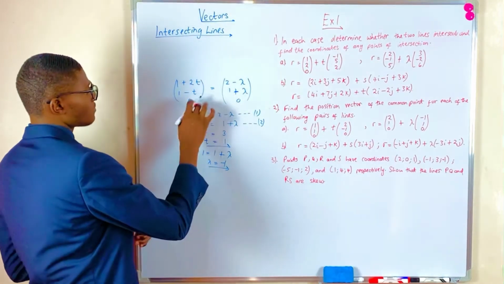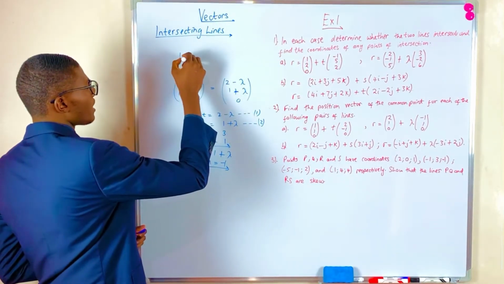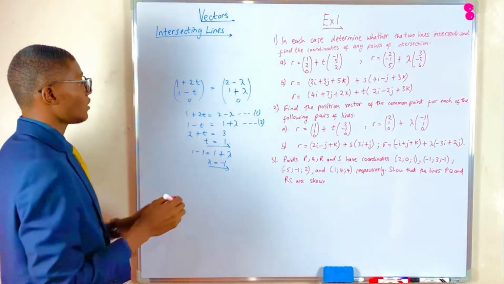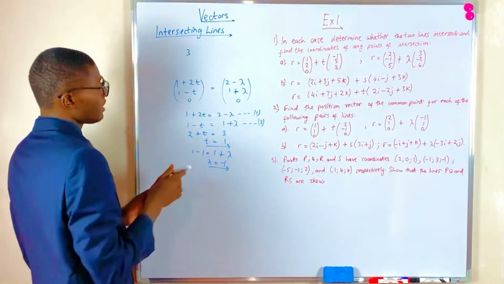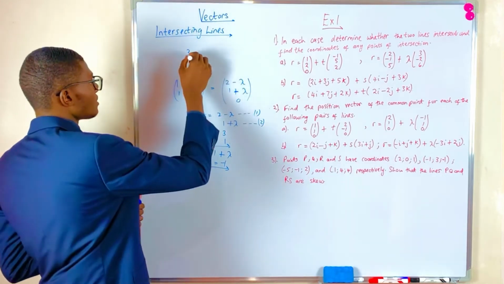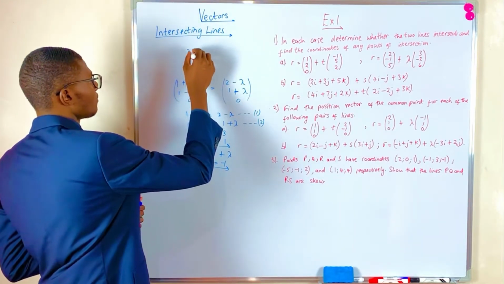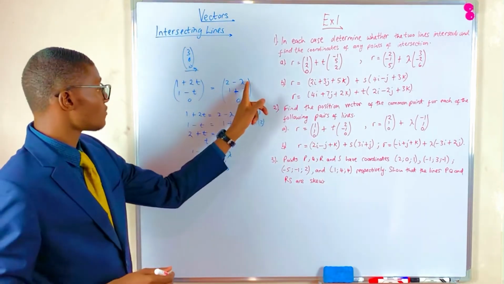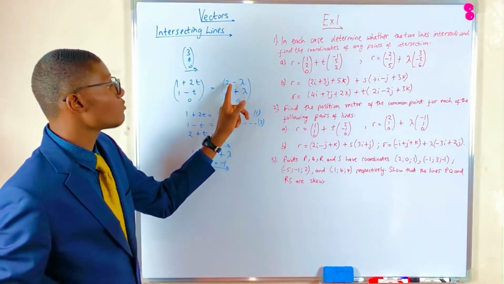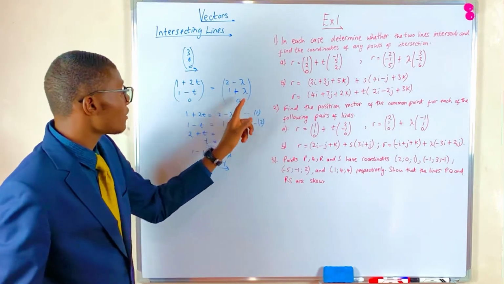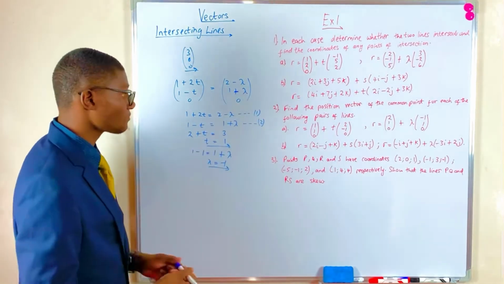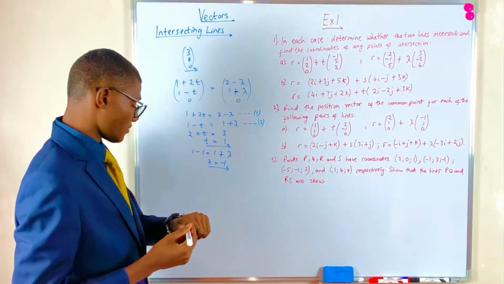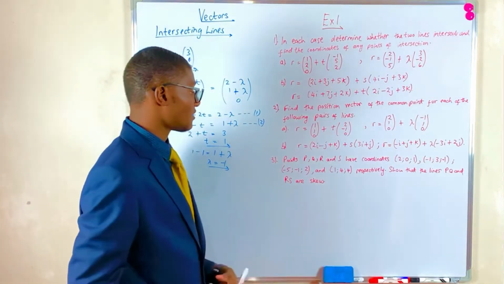If we substitute into this, it will be 1 plus 2t, which is 1 plus 2, we get 3. 1 minus 1, we get 0, and 0. So 3, 0, 0. If we substitute into this, 2 minus minus 1 to get 3, then 1 minus 1, 0, 0. So the position vector there is simply 3, 0, 0. That's the position vector that we need.